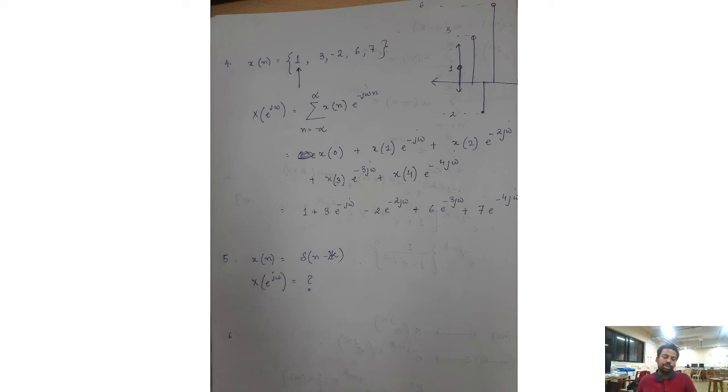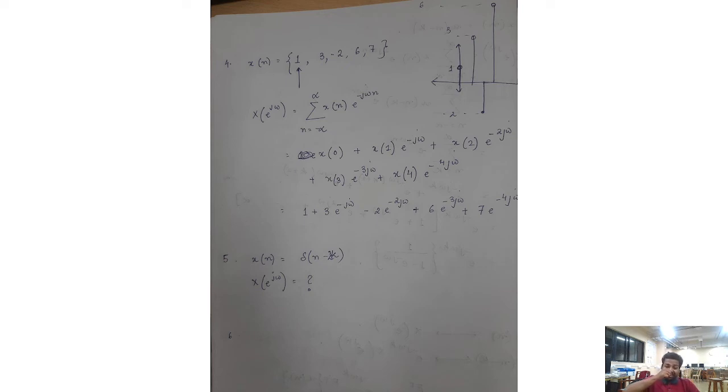I would like you to solve another problem. For example, if I have a signal x of n, and the signal x of n is not a simple delta function, that is an impulse function, but in other words it's the shifted impulse function, delta of n minus 2k.